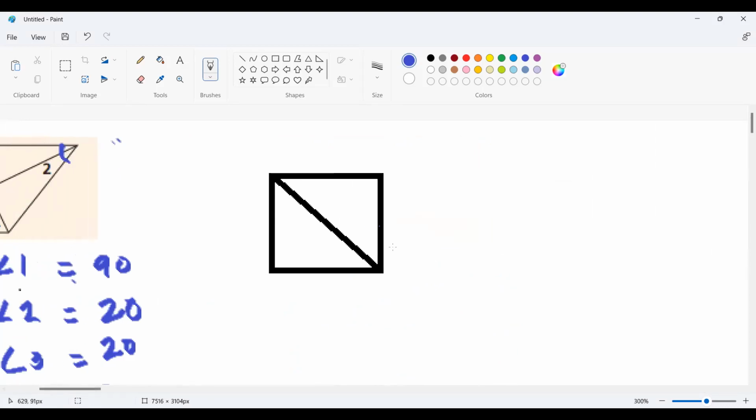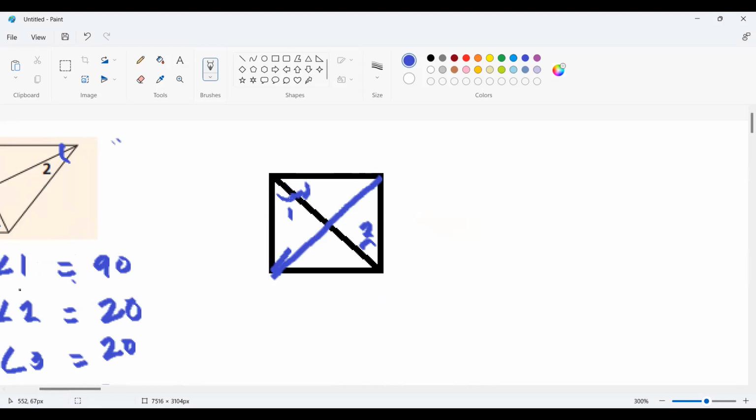Square, when you say square, let's say this one is a square. You have to find this angle. Let's say angle 1, angle 2. Well, all the rest of the angles that are crossed by the two diagonals are all equal.